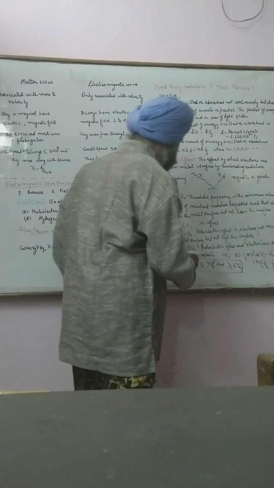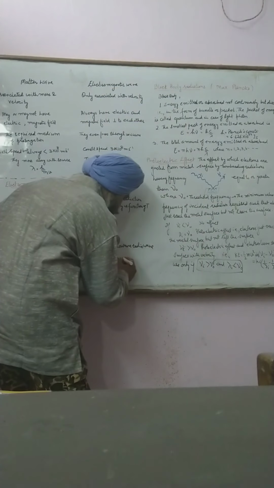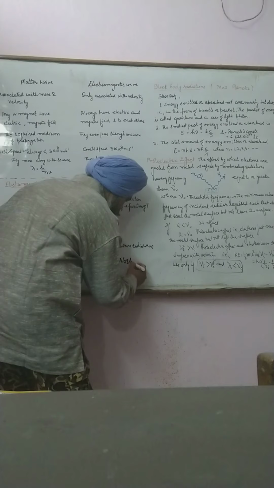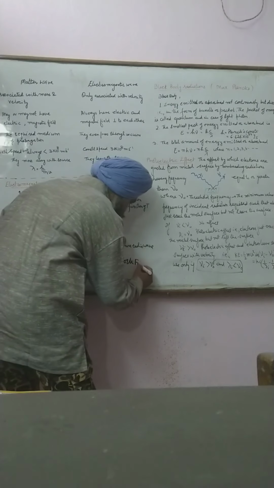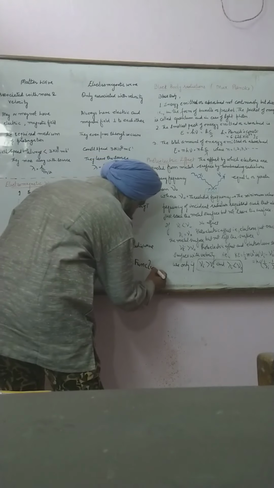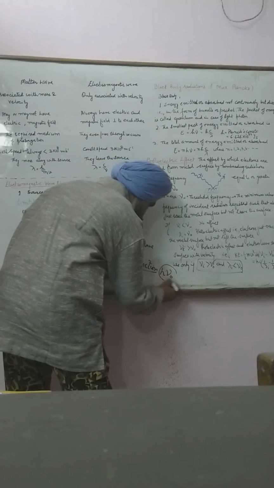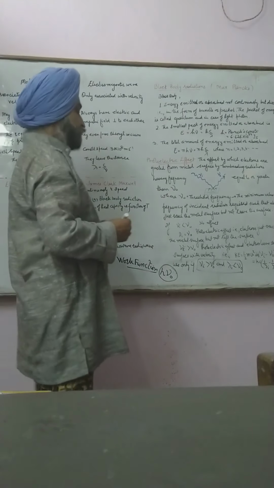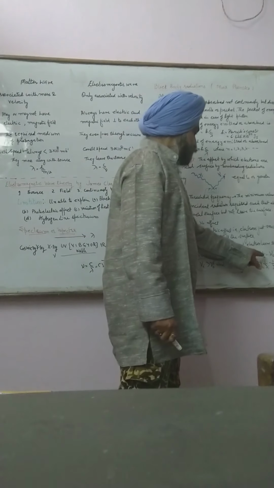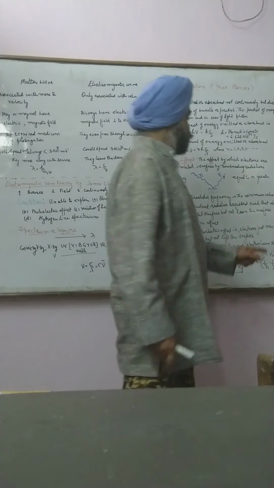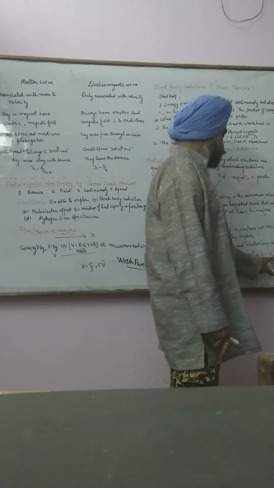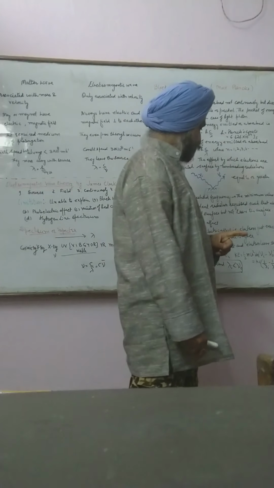So h nu naught is also called work function. So this formula is only applicable if the frequency of incident radiation is greater than threshold frequency.